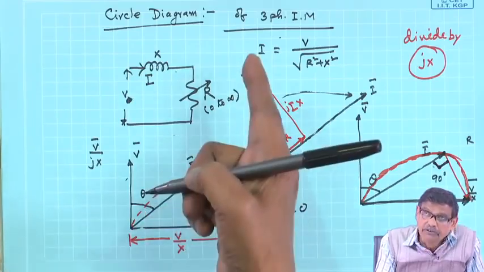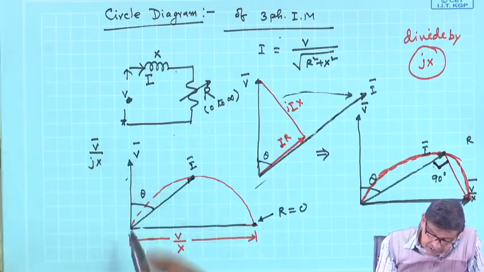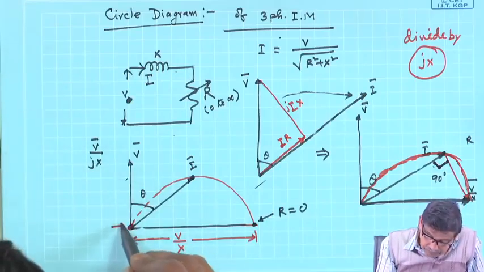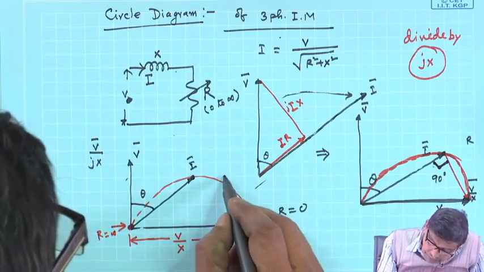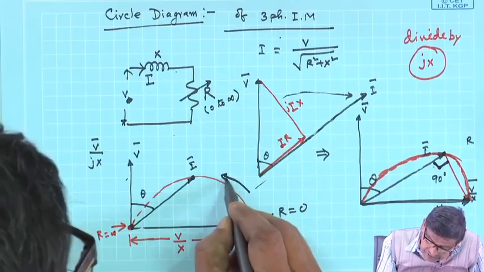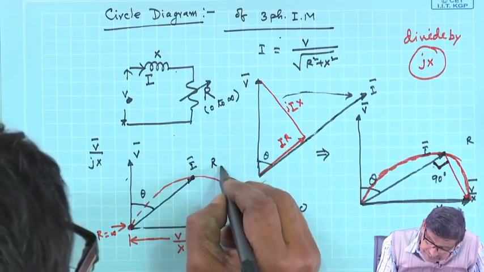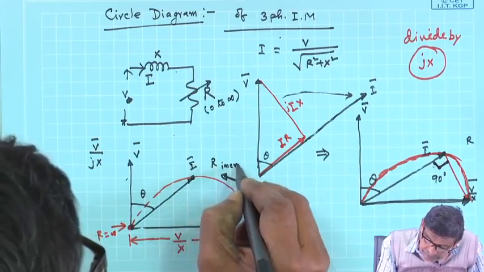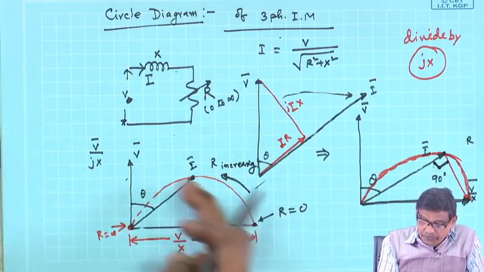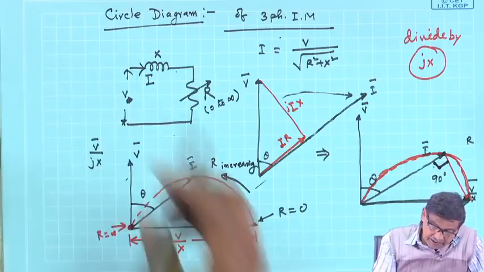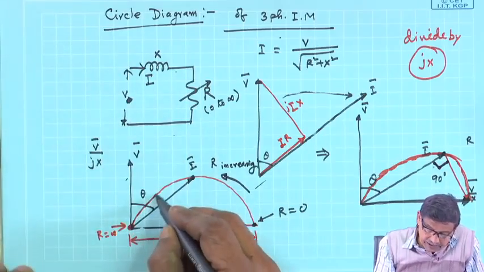And where is r equal to infinity? It is this point. Therefore, to this circle diagram, I must attach this thing, r increasing from 0 to infinity, and the current phasor will be like this.